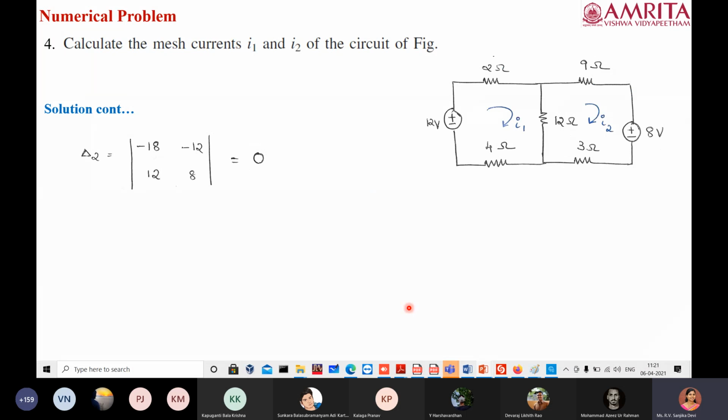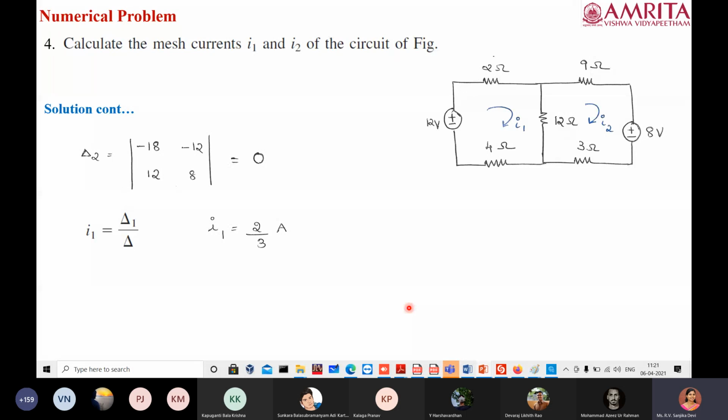So now delta 2 is 0. Now for finding I1, we have to use the formula delta 1 by delta. So for the first variable, we can find it by taking delta 1 by delta, and we will get 2 by 3 amps.